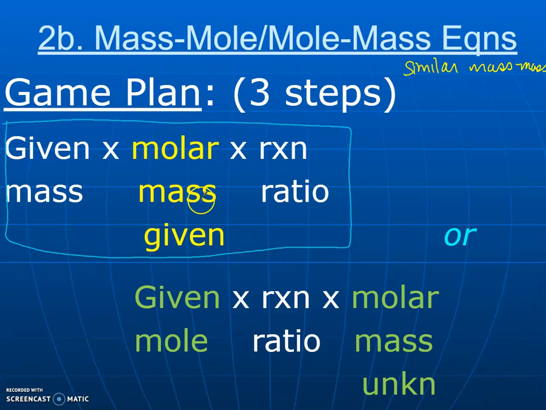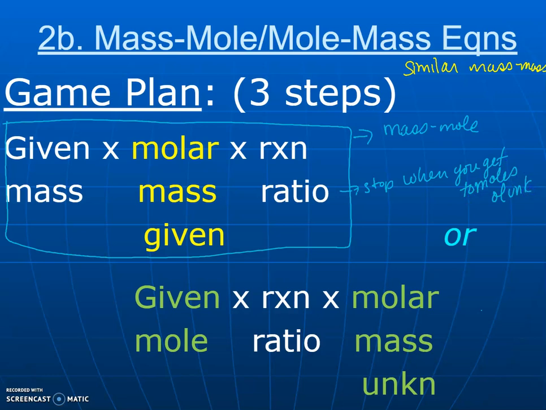Then you use the molar mass of your given to convert from grams of your given to moles, and then you use your reaction ratio. This is going to be used for mass-mole problems because you are going to stop when you get to moles of your unknown.